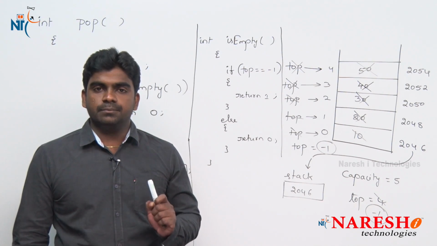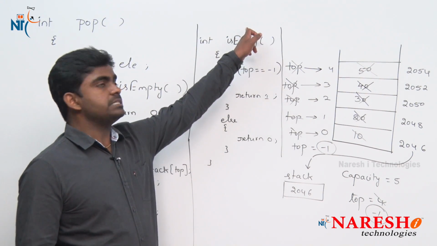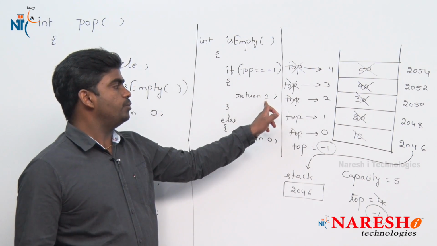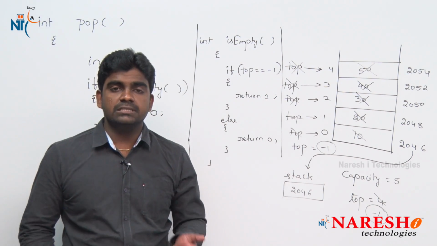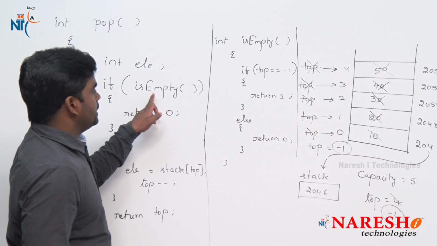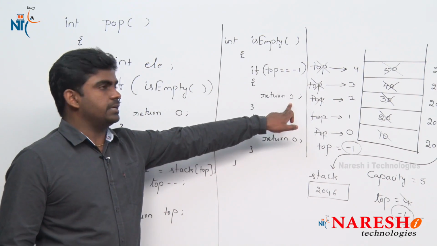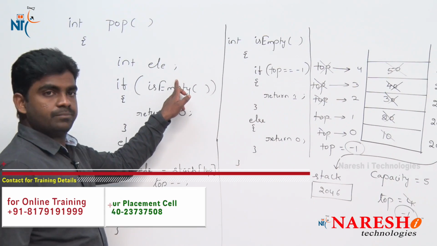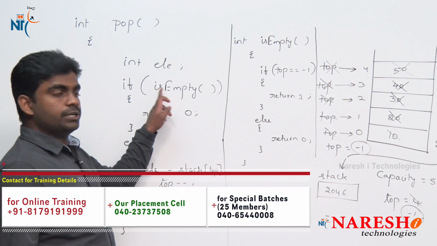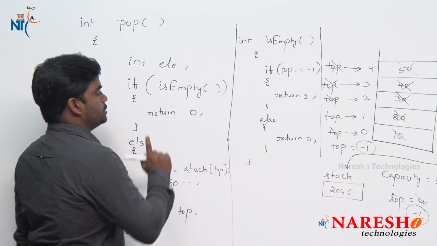So by that time, the isEmpty function returns the value 1, because isEmpty means yes, it is empty. So whenever you are calling isEmpty, if top is equal to -1, it returns 1, 1 comes to here. If the condition is true, we come inside, and directly it returns 0.